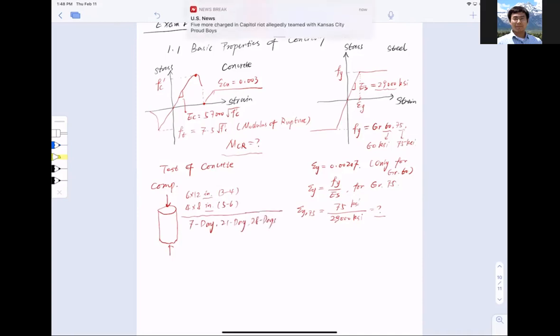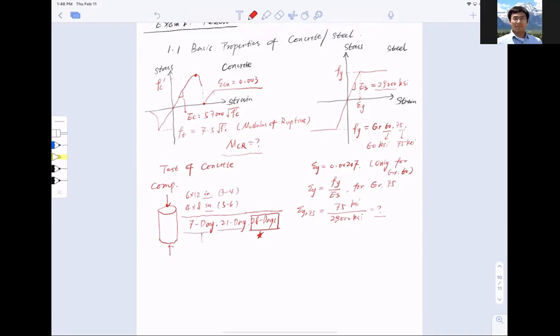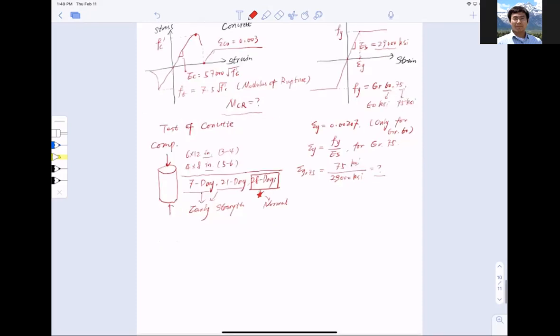For all intents and purposes, if in the exam I want you to test the cylinders, 28 days is always the final number. Why is that? Because 7 and 21 days are the early strengths. This is the normal case, so 28 days is the time we use to crush the cylinders.